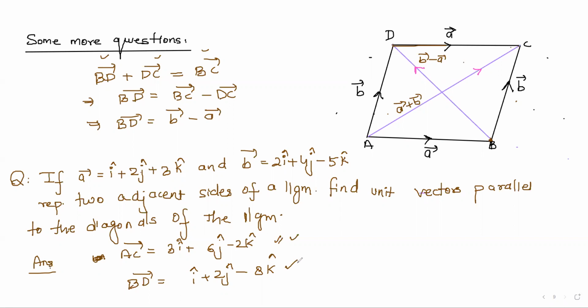You should get this one. Magnitude of BD should be under root 69. Check the calculation. 64 plus 4, 68 plus 1, 69. Why are you getting root 14? Okay, and this is 7. Now divide this with the magnitude, you will get the unit vector. Okay, great.